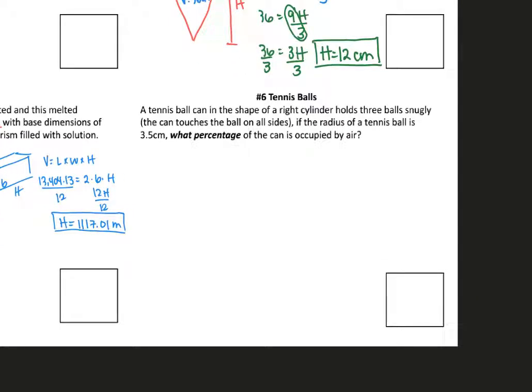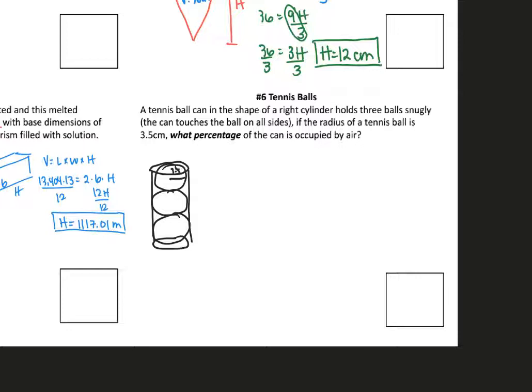All right, now dealing with this last one, a little tricky, but it says that we have a tennis ball can in the shape of a right cylinder, and it holds 3 balls snugly. Okay, so here's my can, and there's 3 tennis balls. All we know is that the radius of the tennis ball is 3.5.